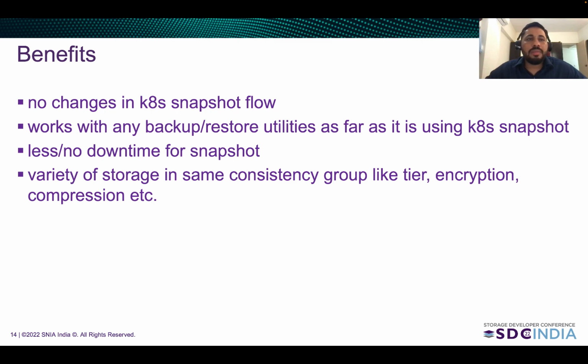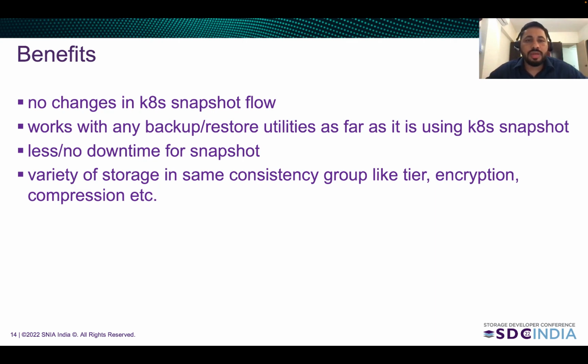Now, what are the benefits of this consistency group? The one major thing is there is no change in the Kubernetes snapshot flow. The admin has to create a request for all the volume snapshots, and then the CSI driver takes care of grouping those together.